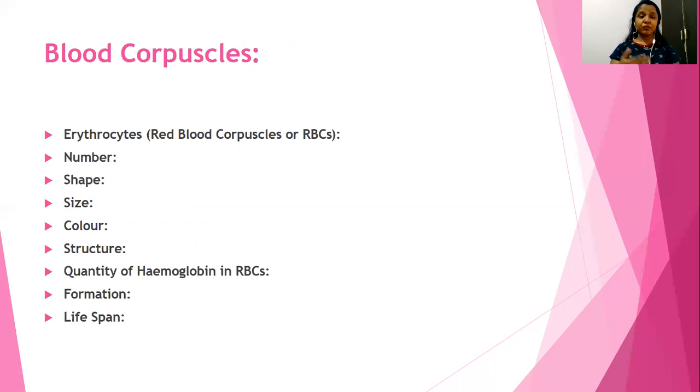A lower number of RBCs leads to a condition we all know as anemia, where there will be fewer RBCs, and an abnormal rise in the RBCs leads to a condition called polycythemia. It's not good to have an abnormal number of RBCs. A drastic increase in the RBCs is not a good condition.